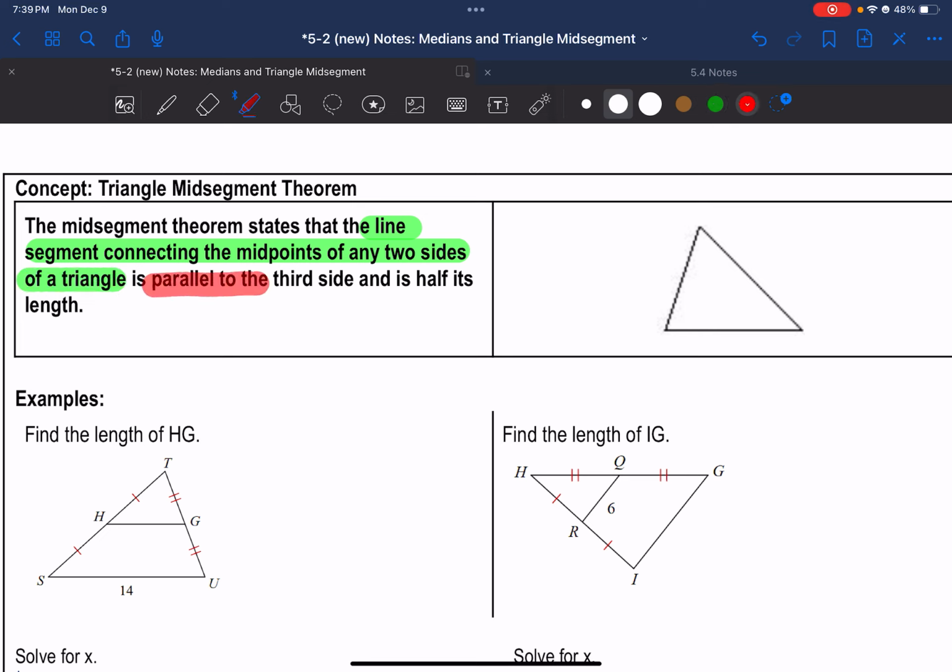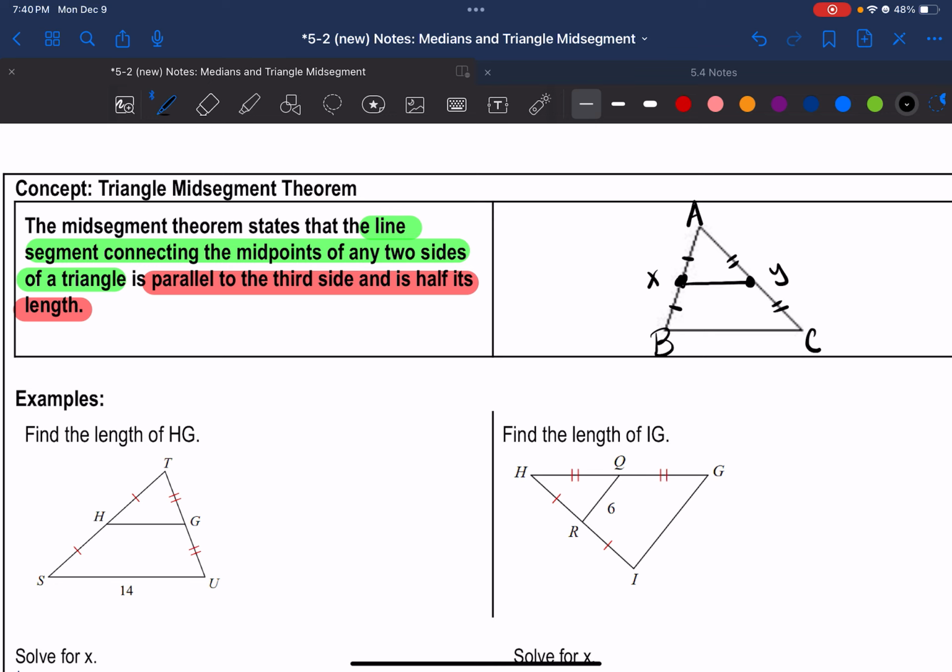So if we try this triangle A, B, C, if I were to find this midpoint between A, B, and call it X, and this midpoint between AC and call it Y, and I connect that line, this line that I just created is parallel. So that's this line right here.